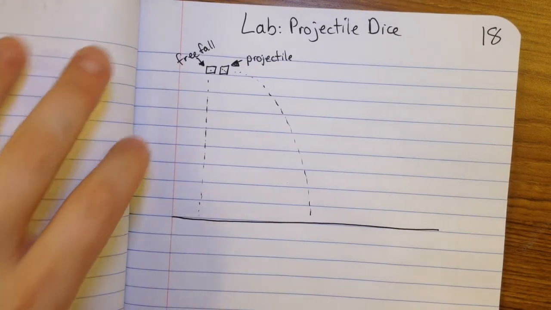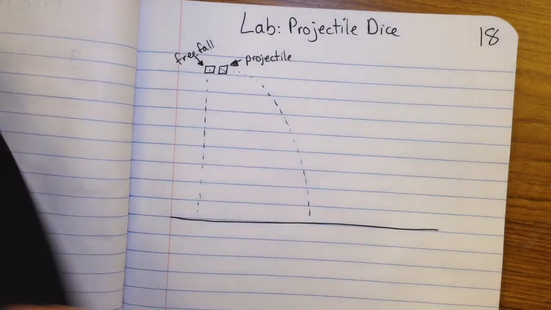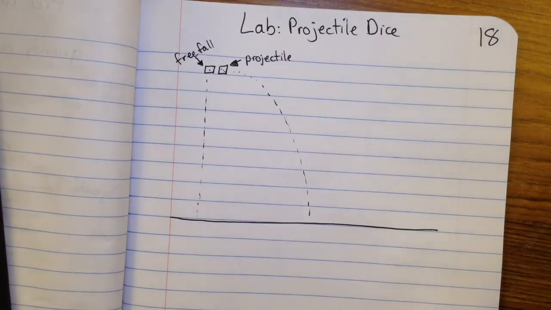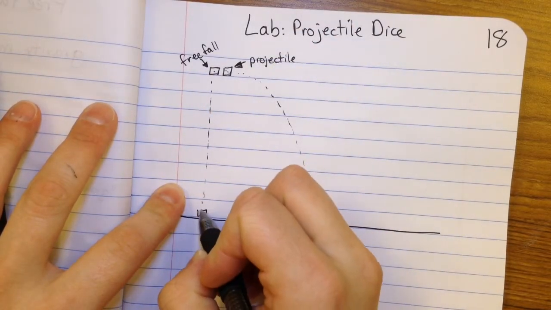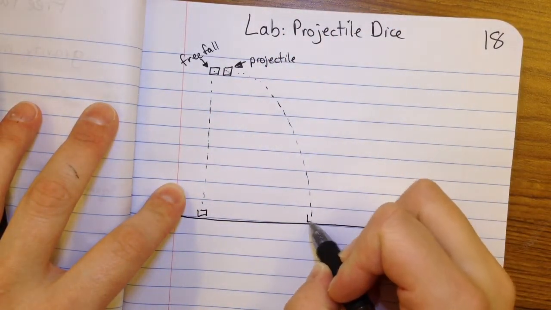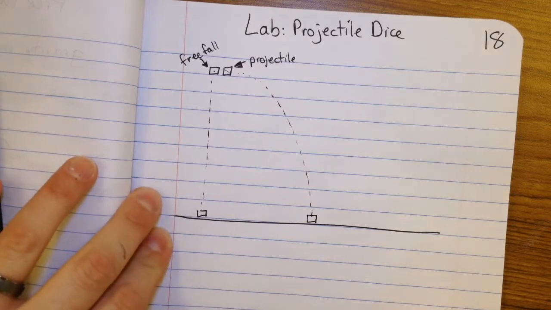Now the question I have: what were your observations? What did you observe? The free fall goes straight down, the projectile falls over there.